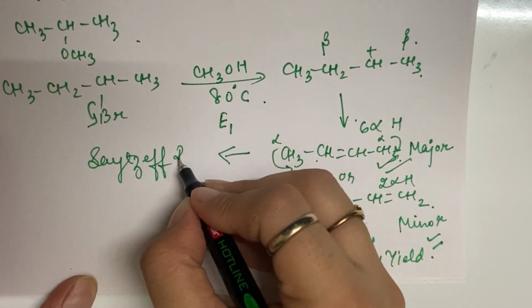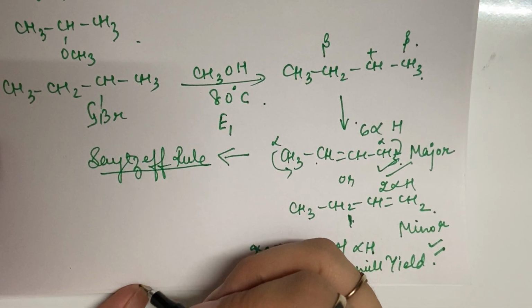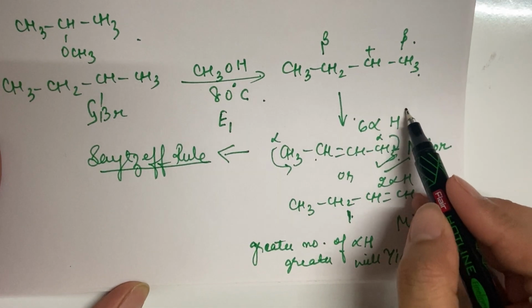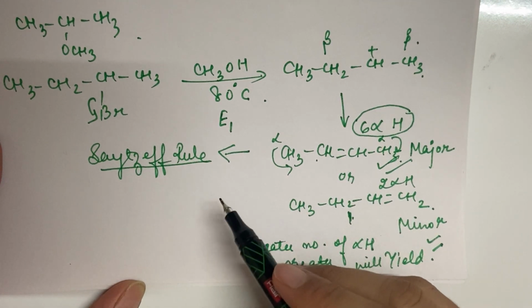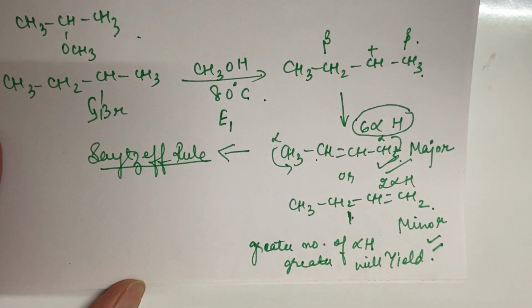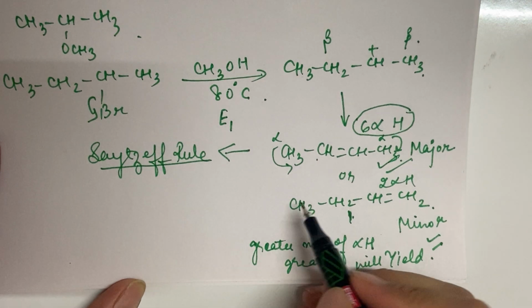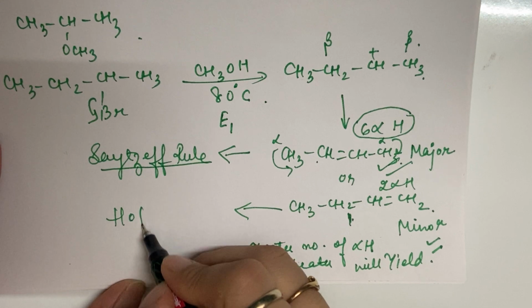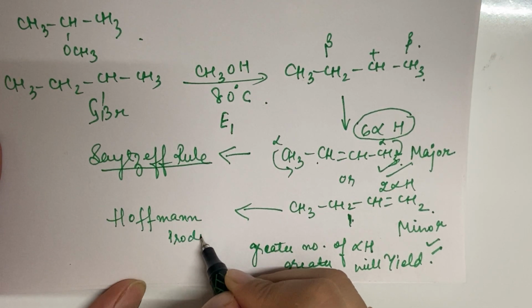In your book, it is written that the more substituted alkene will be the major product. More substituted alkene means the number of hydrogens attached to it. So according to Saytzeff, the one which has a greater number of alpha hydrogens will be the more stable product, and the one which has fewer alpha hydrogens will be the minor product, and that product is called the Hofmann product.